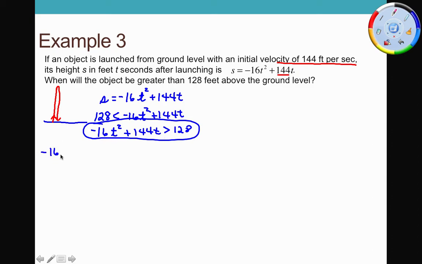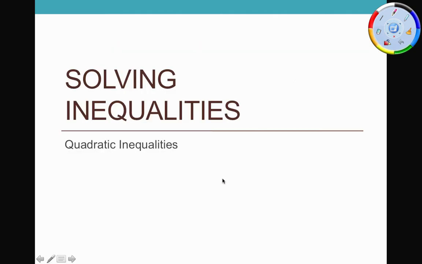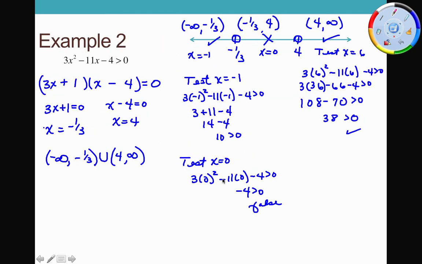So let's get this in our standard form. Now I don't have this one pre-worked. So what I'm going to look for, I'm going to see if 16 is a GCF, and it is. Okay, and I'm not a real fan of multiplying by negatives, so let's multiply both sides of this equation by -1.